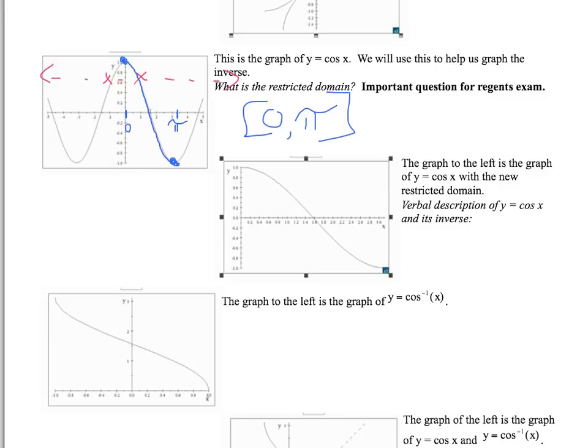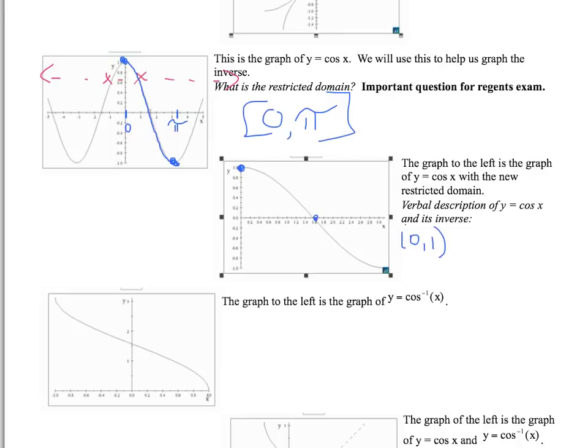What I did in this picture right here is graph just the 0 to pi piece. Let's look at some important points here so we can see how to graph the inverse afterwards. Important pieces that I see: the point 0, 1.